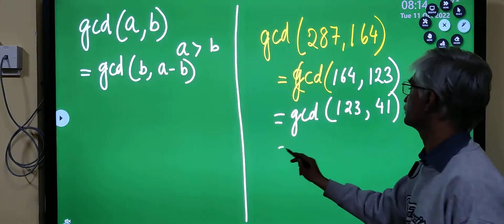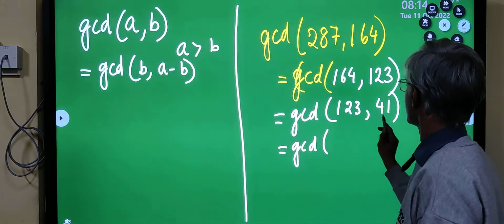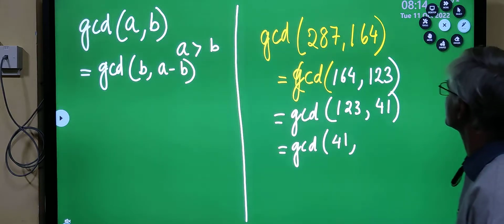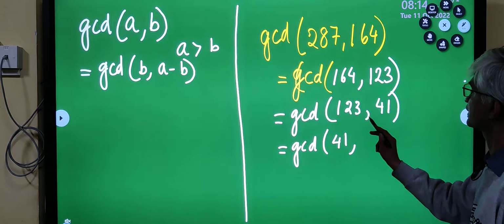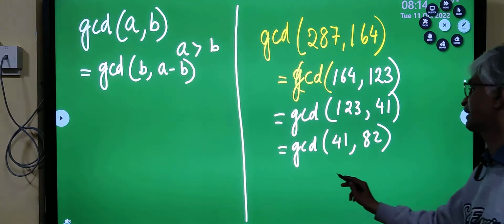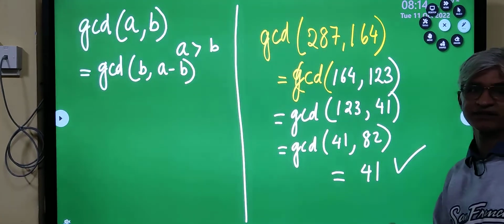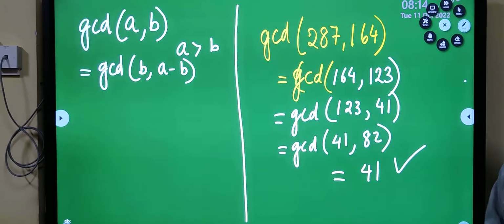Now I continue to do this, and this time the smaller number is 41, and the difference between these two numbers is 82. And now it is pretty apparent that the answer for this is 41, and you can see that the algorithm has helped us to find the GCD.